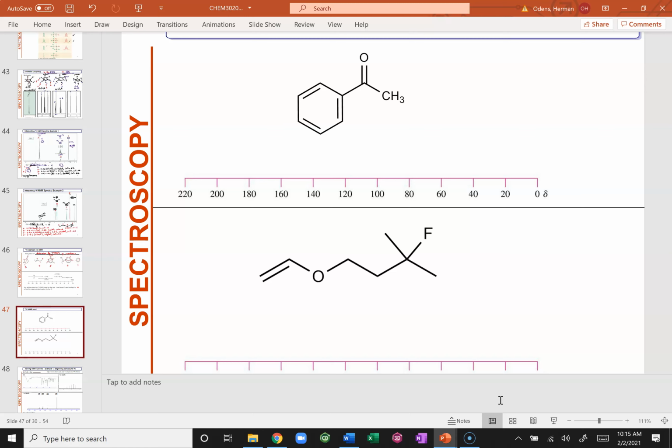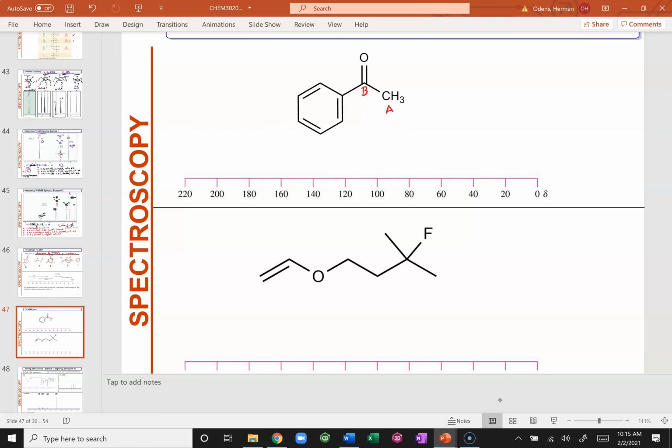Okay. So let's say I'm going to label this molecule. I have A. Notice I'm going to label the carbons now because this is a carbon NMR. So A, B. Now I'm going to account for the carbonyl.